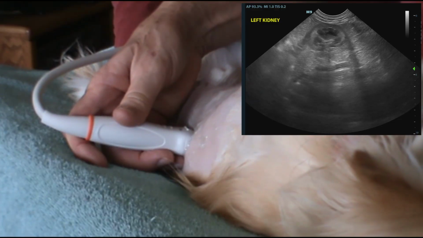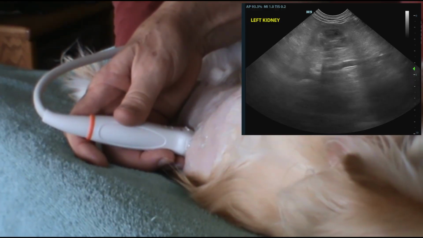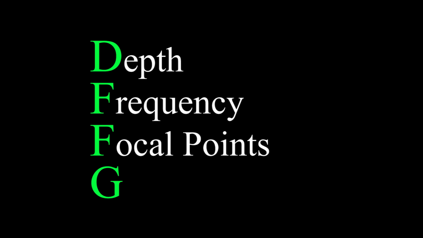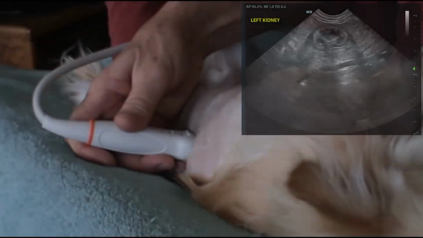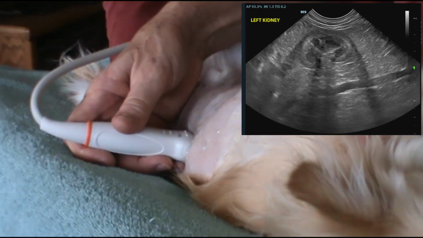Use the keyboard functions of the ultrasound machine to adjust image quality: DFFG, that is, depth, frequency, focal points, and gain. Adjust depth to fill most of the ultrasound screen with the organ of interest.